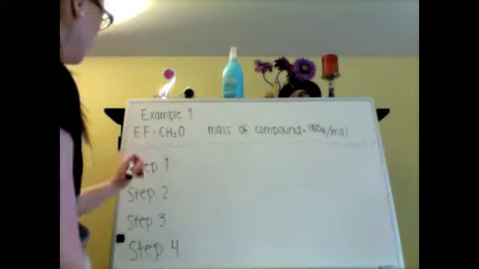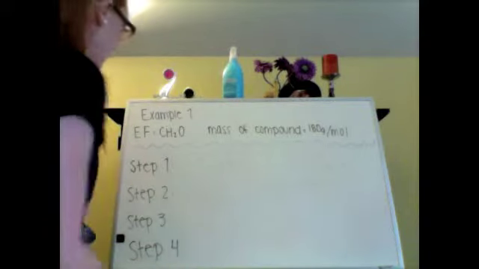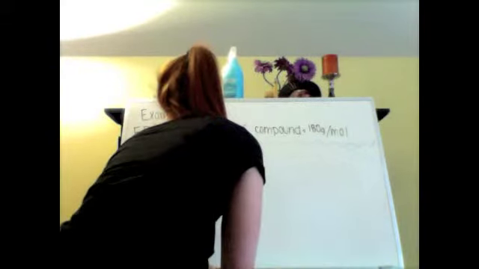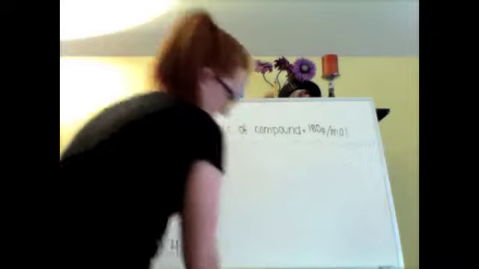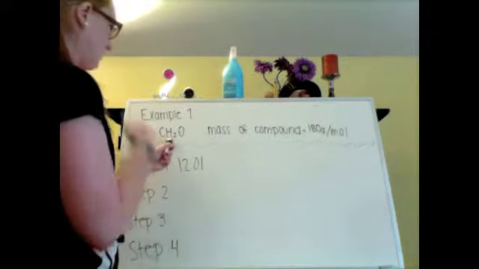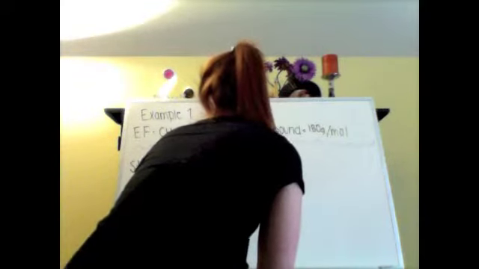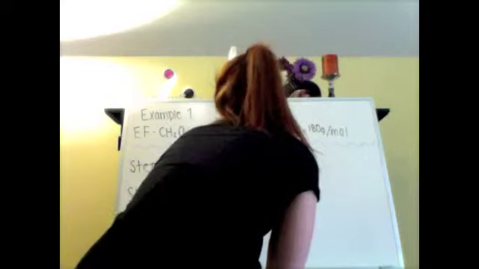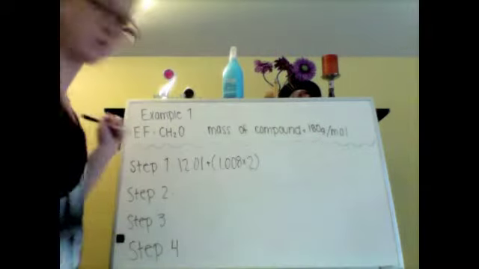So you take the mass of carbon, which is 12.01. Then you take the mass of two hydrogens, which would be 1.008 times 2, because there's two of them.